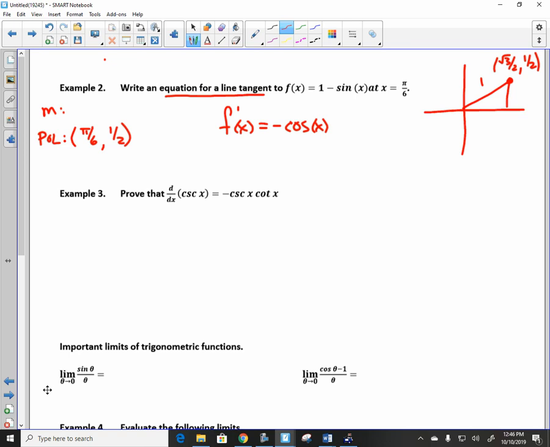Where am I trying to find the slope at? Pi over 6. So you plug in pi over 6. So the cosine of pi over 6, hey, I already have pi over 6 drawn here, 30 degrees drawn. Is cosine the x value or the y value? It's the x value. So therefore, we can now use this one for the slope. Isn't that handy? Negative root of 3 over 2 is the slope.